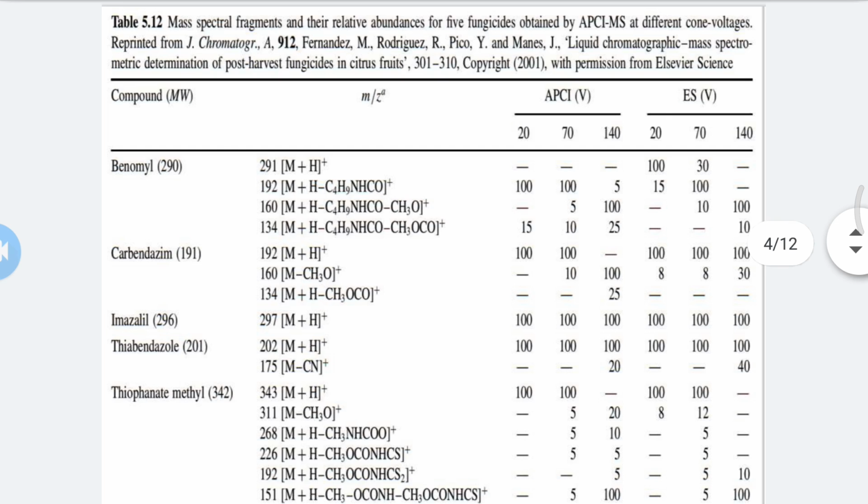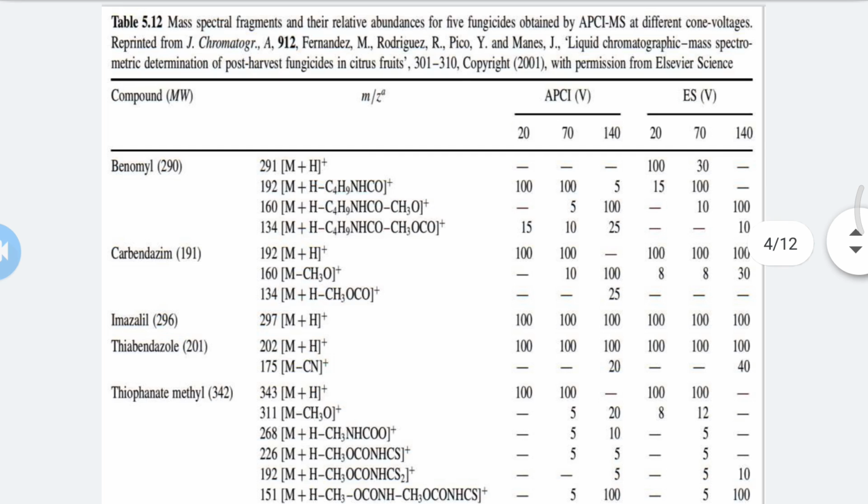Why? Because of their well-known conversion to carbendazim in the extraction process. This is an effect that is not encountered when analyzing a standard. Okay, so this is the method development for structural study.